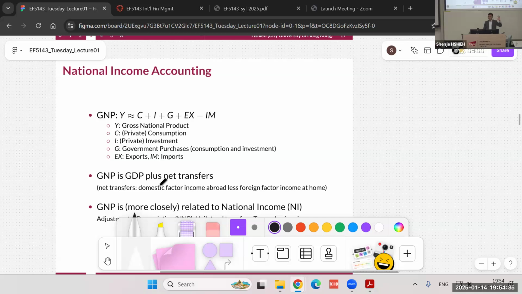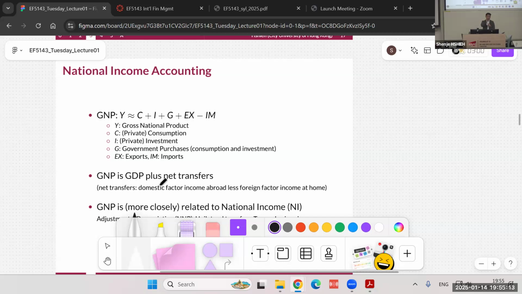So foreign companies operating in Alaska, that's also counted in GDP. If you have WeChat employing people, paying wages, that's added to the US GDP. What we want to focus on, however, is to try to exclude income coming from foreign institutions and individuals. The reason is we want to focus on the true creditworthiness of a country, which should not depend on the creditworthiness of foreign institutions and companies, right?